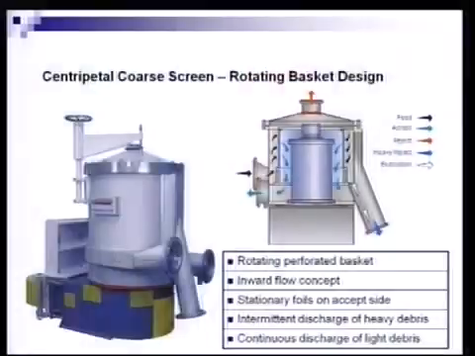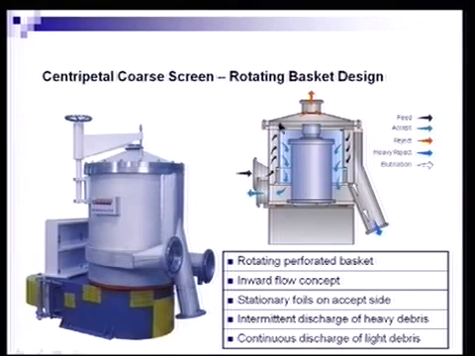Now the way that we accomplish that is that, if you can see in the graphic here, we've got a rotating basket. The basket is attached to the drive column here, and so it rotates, and there are stationary foils on the inside of the basket, that is on the accept side of the process, so that it keeps the screen plate clear. This means that the feed side of the screen is completely and totally open.